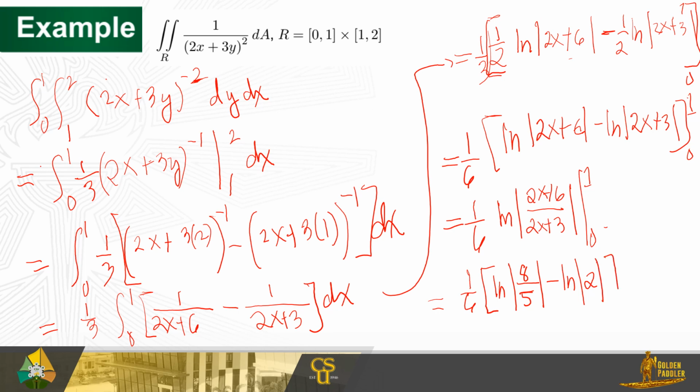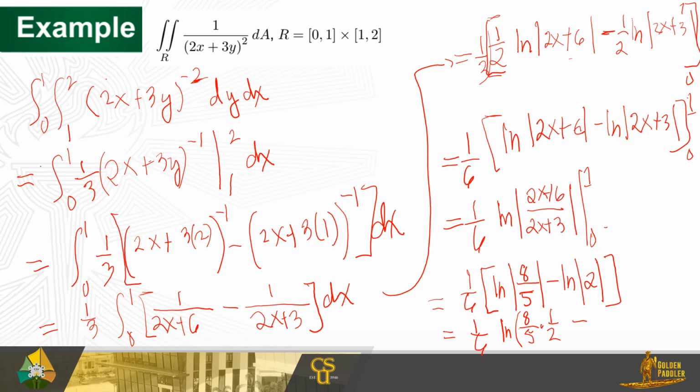Okay? So ito, pag gagamitin na naman natin yung identity ng ln, so magiging ln of 8 over 5 over 2 na yan, no? So pwede rin 8 over 5 over 2, so pwede rin times 1/2, no? Kasi pag mag-divide tayo ng fraction, multiply lang natin yung numerator sa reciprocal ng denominator. Okay?